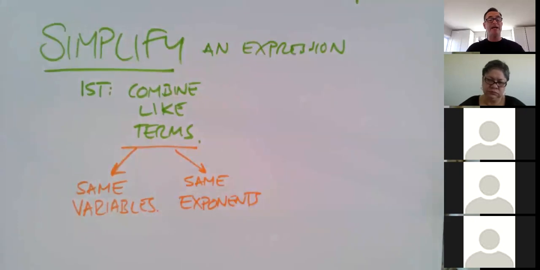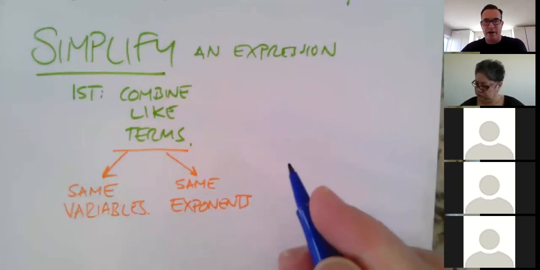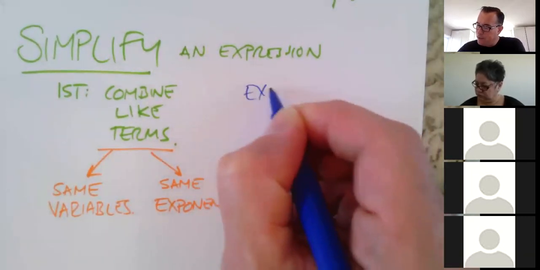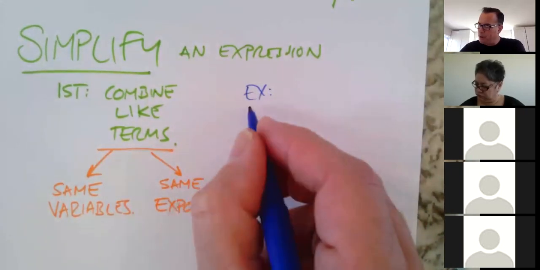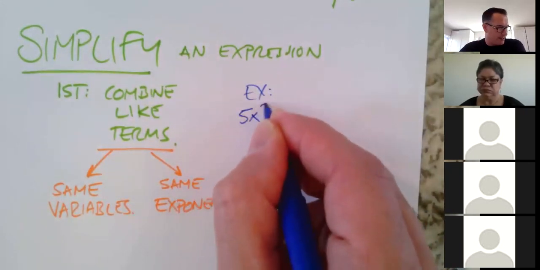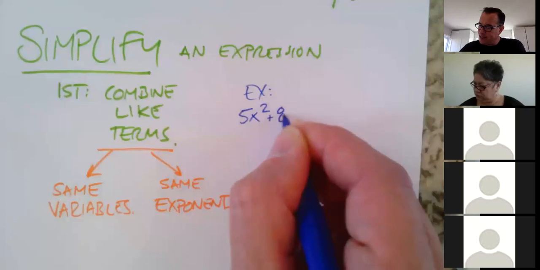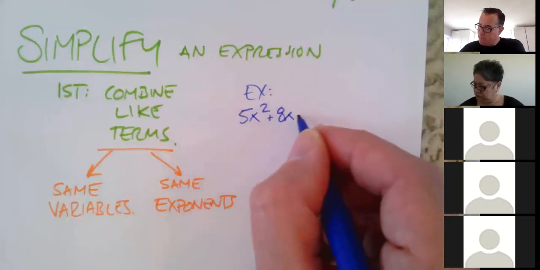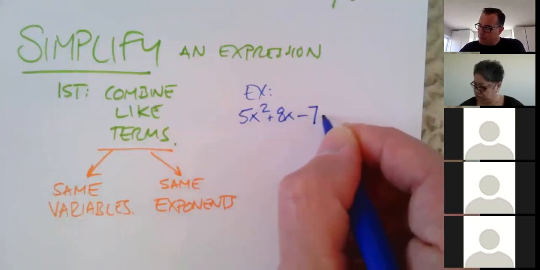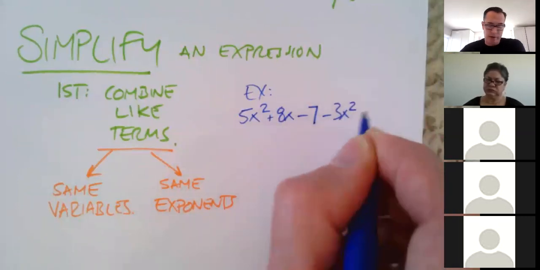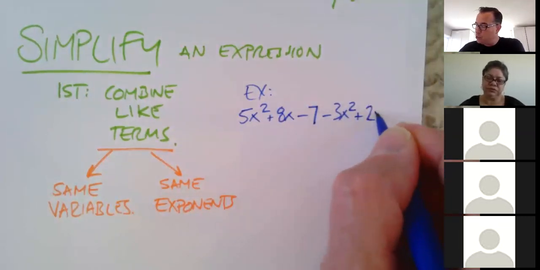And so I'm going to give an example that's just to combine like terms. It'll review what we did yesterday. And for those of us that may not have been here, if you're watching the video, that's going to be something we can do. And so off on the side here, I'm going to write an example. I'll go 5x squared plus 8x minus 7 minus 3x squared plus 2x.